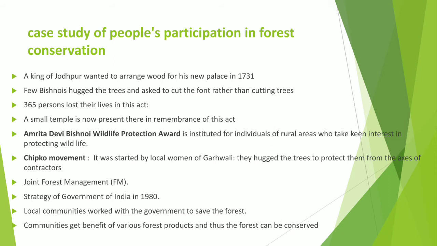The people went and stood there and hugged the trees so that no one would cut them down. The king's people cut them down, and the villagers lost their lives for this purpose. Around 365 Bishnoi people lost their lives due to this activity.